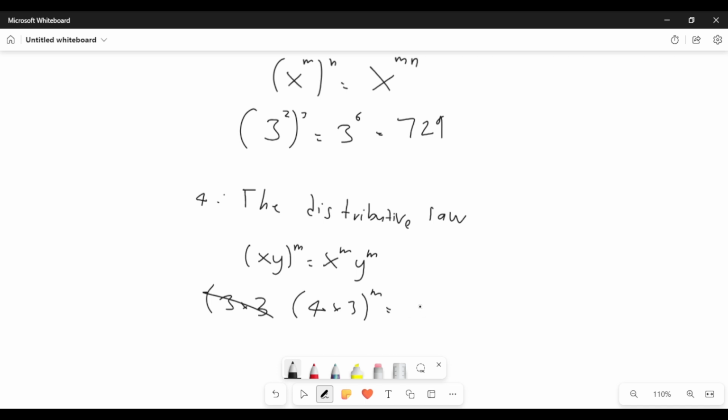What this means is the exponent 2 belongs to the 4, and the 2 also belongs to the 3. So this will become 4 raised to the 2 times 3 raised to the 2. 4 squared, we get 16.